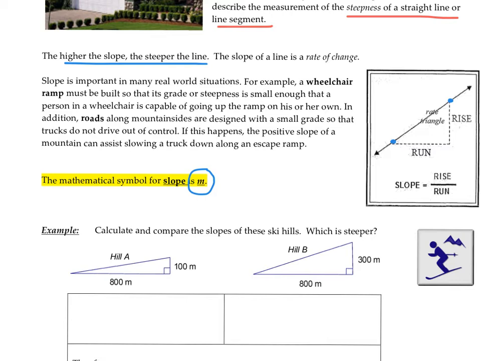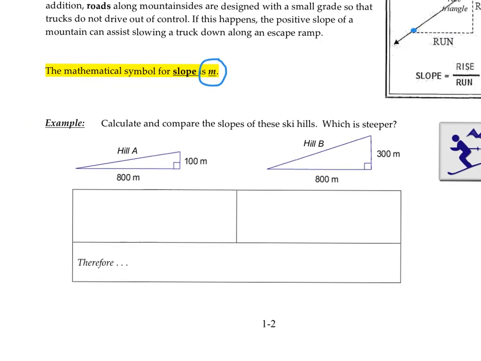We have to remember, though, that rise is that vertical change and run is the horizontal. So make sure you don't confuse them as run over rise, or else it's going to mess up your slope. So let's try that for this first example, where we're going to compare the slope of two ski hills. We have hill A, which has a rise of 100 meters and a run of 800 meters.